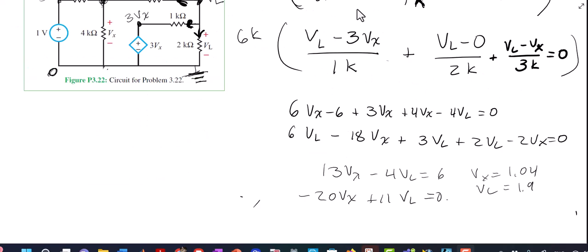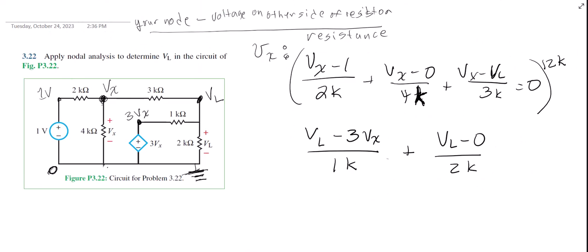So the rest of this problem is me fixing it. Right here for VL, I got this current, and I got this current, but I forgot to get this current. So that was a big mistake there. So that current would be plus VL minus Vx over 3k equals 0.